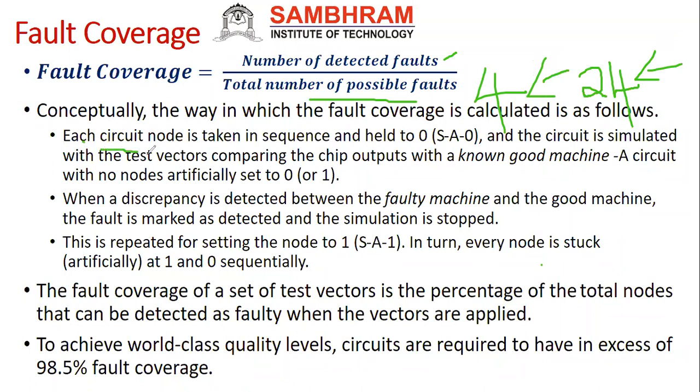You can see each circuit node is taken in sequence and held to stuck at 0, and the circuit is simulated. We are taking a circuit, taking the nodes in sequence, and holding any node stuck at 0. Then the circuit is simulated with the test vectors. Test vectors means your input test vectors, comparing the chip output with a known good machine, a circuit with no nodes artificially set to 0.